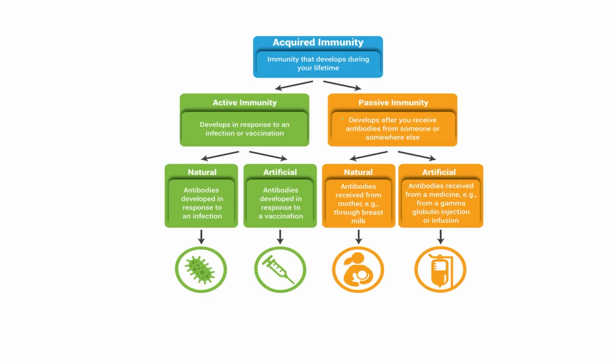So we have classified acquired immunity into two categories. First is active immunity, in which our body is totally involved in the production of antibody. And passive, where our body is not involved; direct incorporation of antibody occurs.